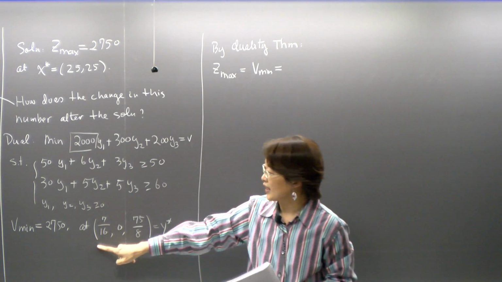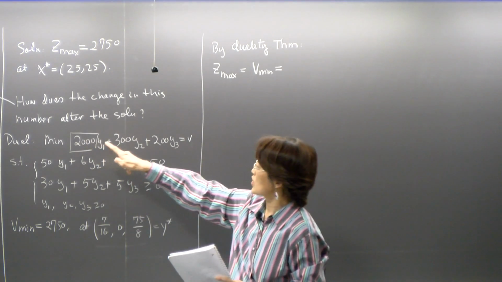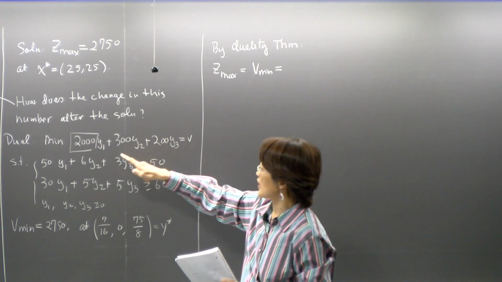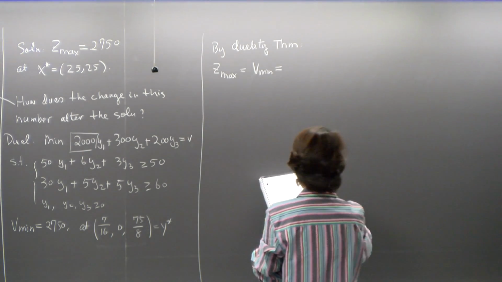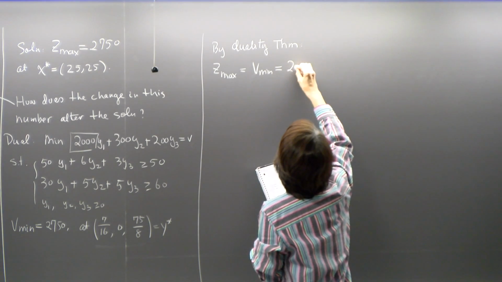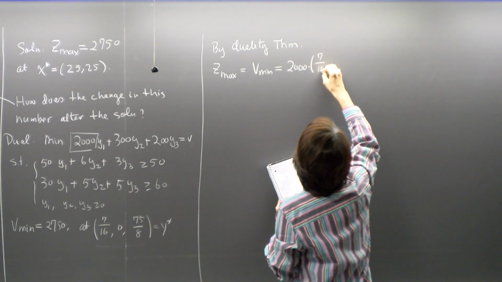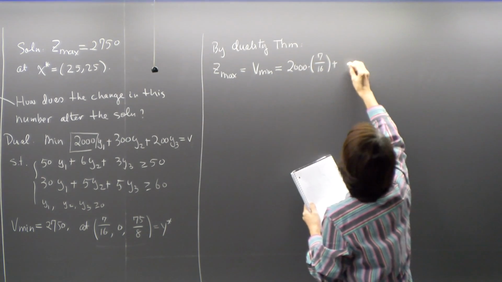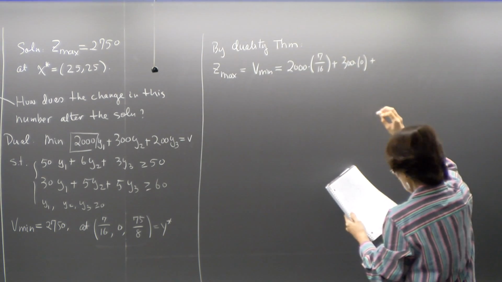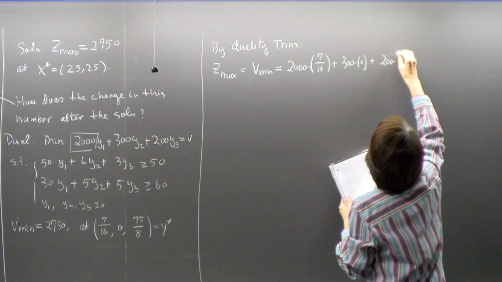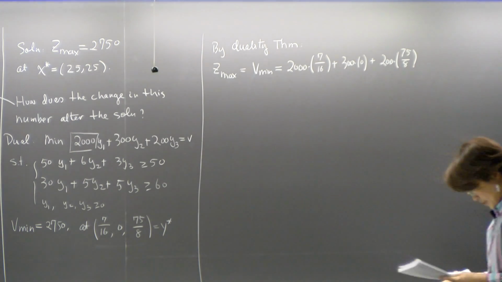Well, it's obtained at this optimal point, so it's these coefficients there, and I plug in the y value. Is that right? So let me write this out so you see more clearly what that is. So I have 2,000 multiplied by 7/16 plus 300 multiplied by 0 plus 200 multiplied by 75/8.